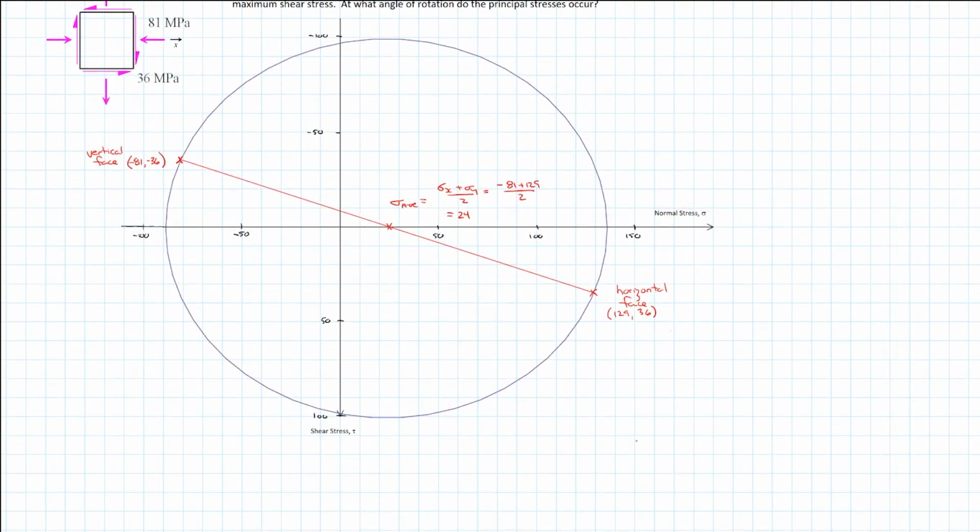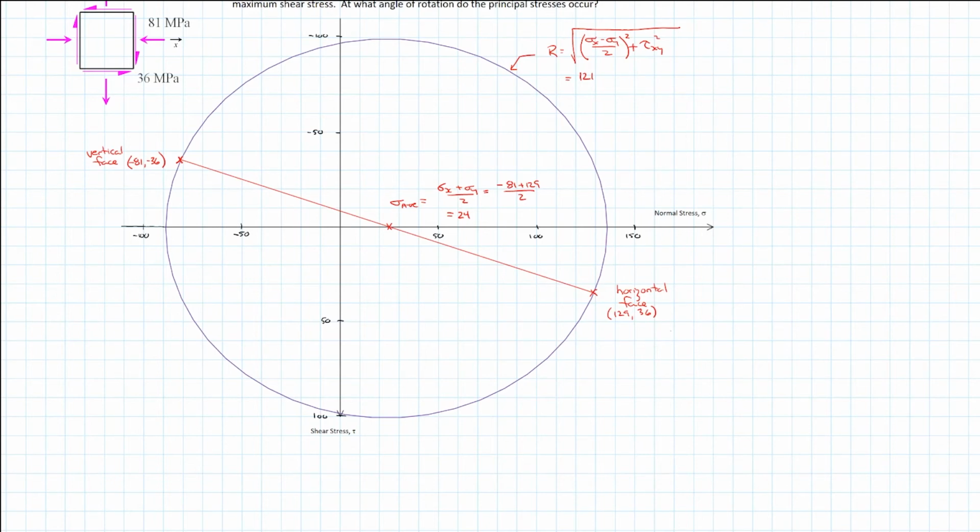So I'll just plot the circle in there, and just so we can use the number, the radius of the circle we know is equal to the square root of the sigma x minus sigma y over 2 all squared plus tau xy squared.